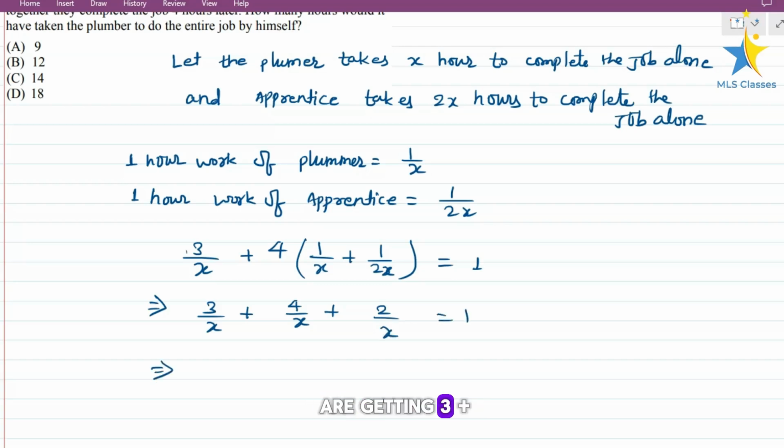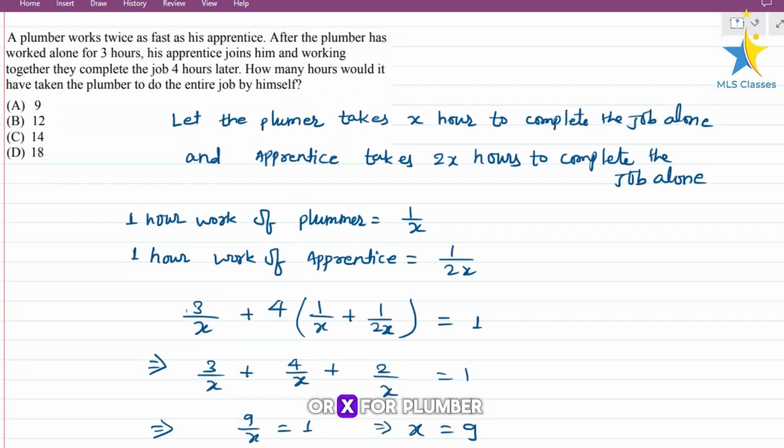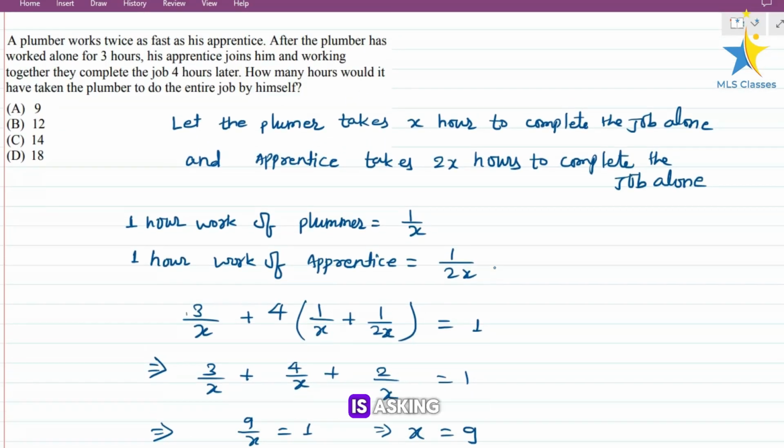So from here we get 3 plus 4, 7, plus 2, 9 over x equal to 1. So x equals 9. We took x for the plumber, and that's what it is asking. That means the plumber can do the job alone in 9 hours. It's option A. Moving to the next question.